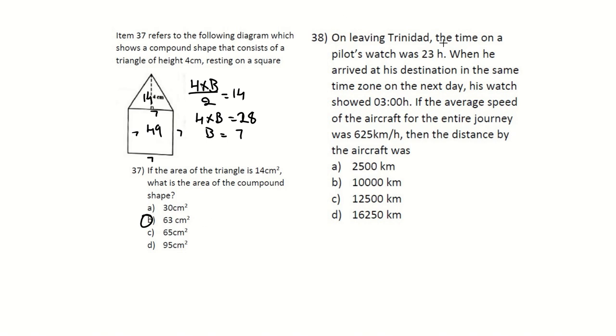On a trip, the time on a pilot's watch was 23 hours. When he arrived at his destination in the same time zone the next day, it showed 3:00 hours. If the average speed of the aircraft is 625 kilometers per hour, what was the distance traveled? So we want to know how many hours it is from 23 hours to 3 hours.